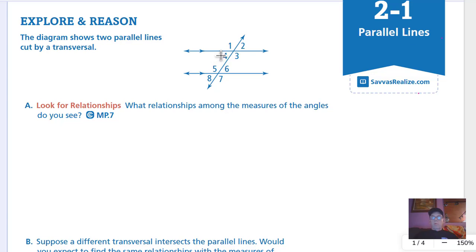Well, one thing, we always have vertical angles congruent. So angle 1 and angle 3 are congruent. Angle 2 and angle 4 are congruent. And also we have 5 and 7, and we also have 6 and 8.